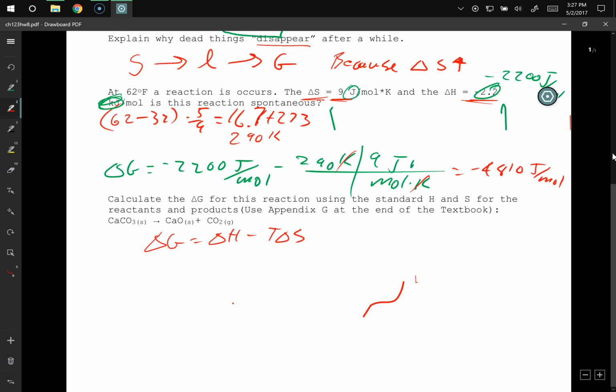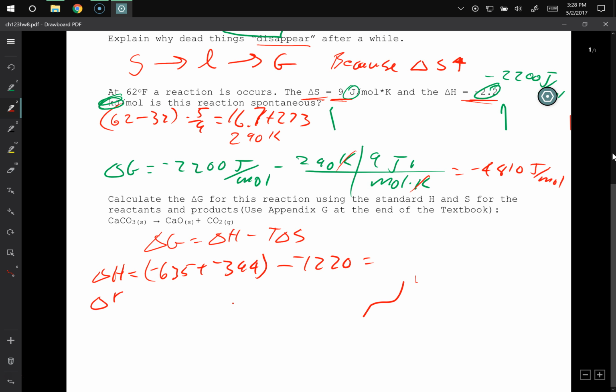All right, so my delta H, my products for my delta H are negative 635 plus negative 394 minus negative 1200.